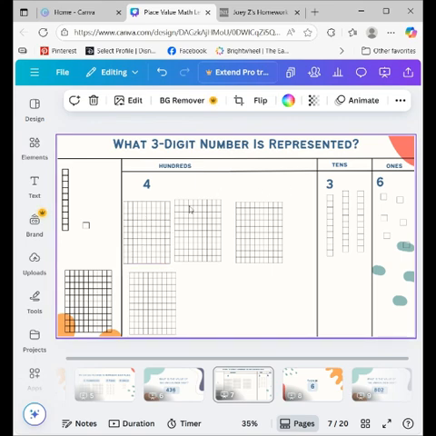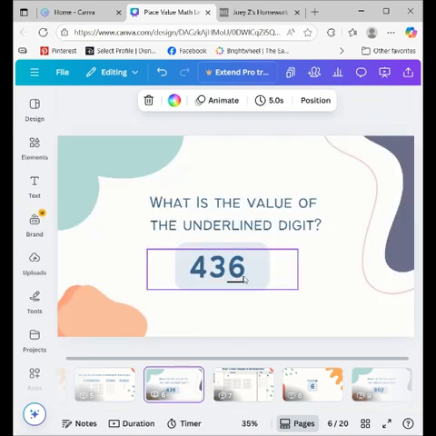It's just like the 3. So that would be 1, 10, and 100. So it's 100. Then 200, 300, 400. But we're trying to see the value of number 6, right?